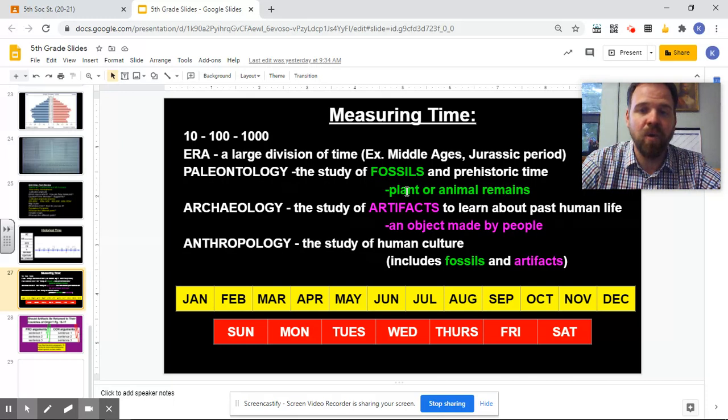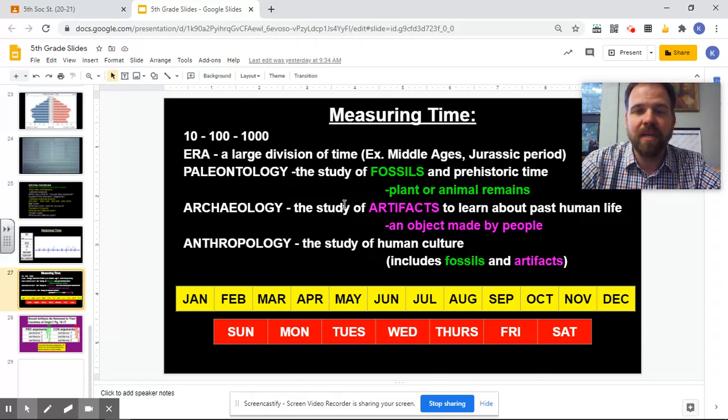They are old, kind of fossilized plants or fossilized animal bones. And paleontologists look at those things to study all this prehistoric time. I'm going to jump to archaeology because this is a little bit more recent. Now, not recent like in the last couple of years, but more recent than fossils that go with paleontologists.